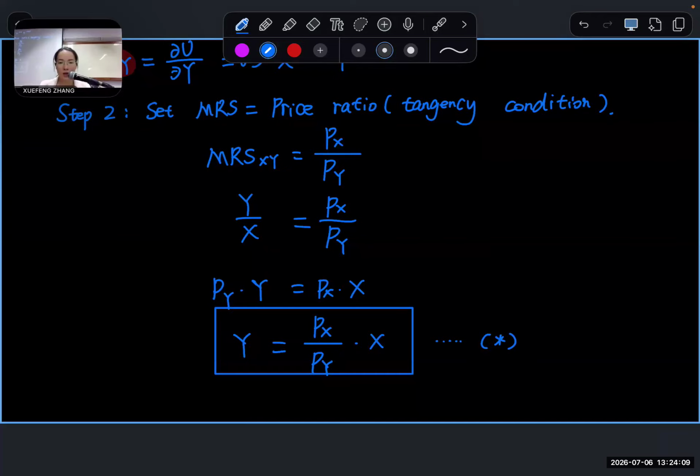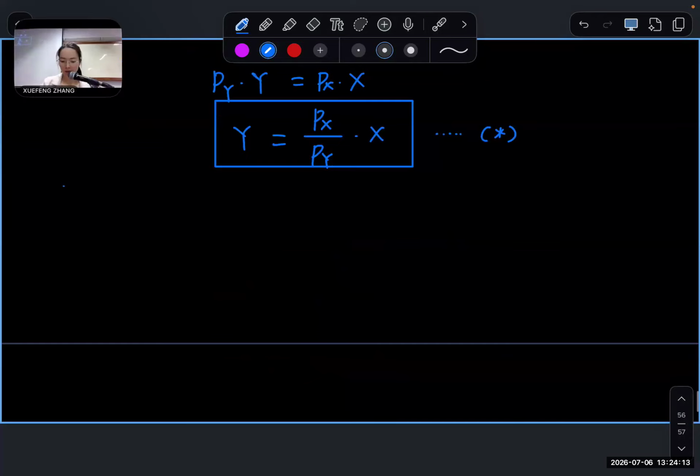And next, we substitute into the budget constraint. Substitute what? Substitute the equation star into the budget constraint.